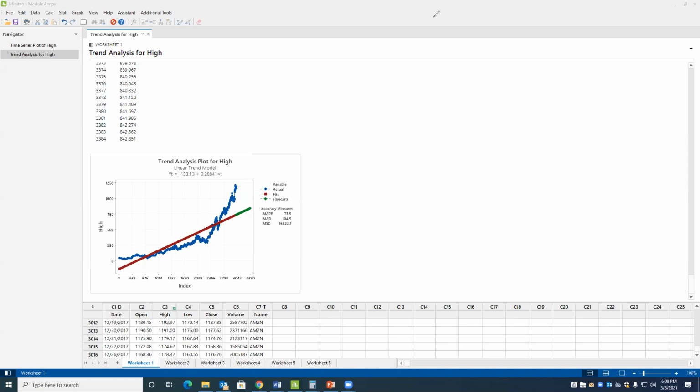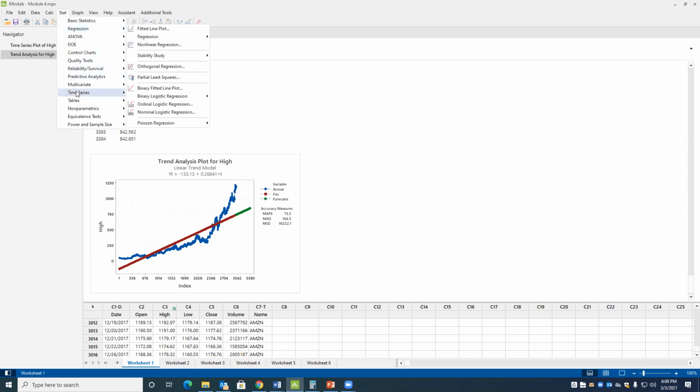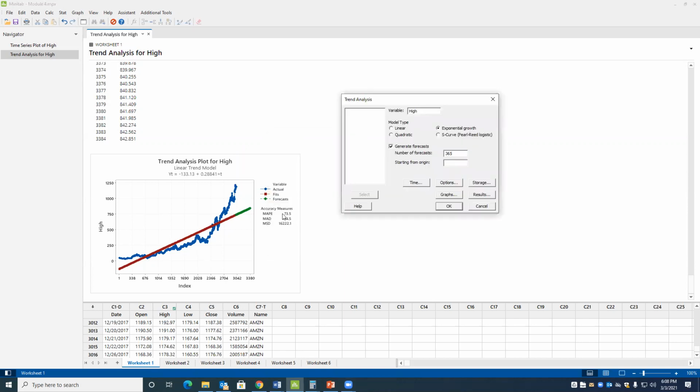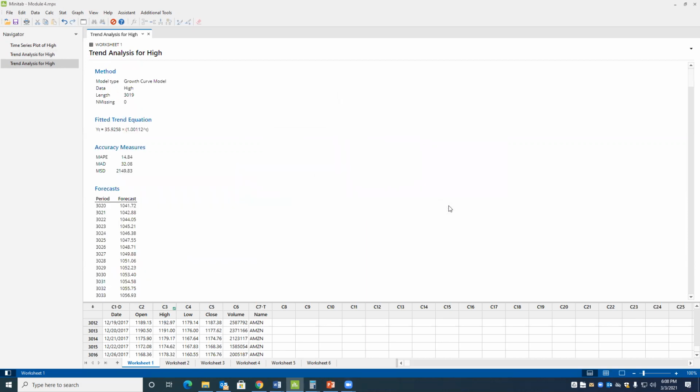Now I'm going to do another one. Stat, time series, trend analysis. So now I would like to do exponential. So here you understand this is 73, 104, 16,222. Now just do it for the exponential model.